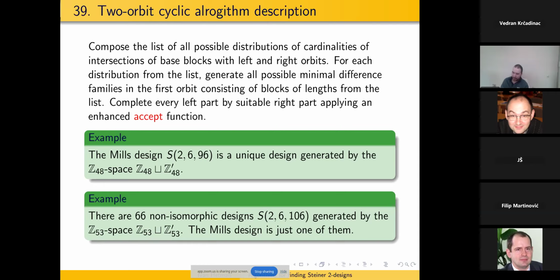It was enough for him to close the case, and he left it there, because actually the full calculation of these 66 non-isomorphic designs took 1 month of CPU time on my home computer. So even on a modern computer, but the first design appears pretty quickly, and I suppose that was what Mills did. Okay, now let's go to the description of the algorithm.